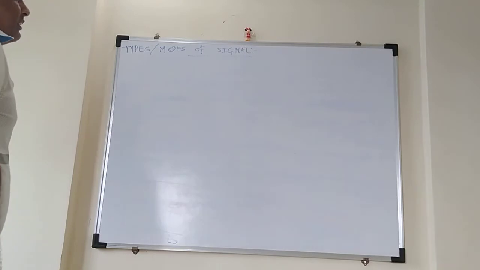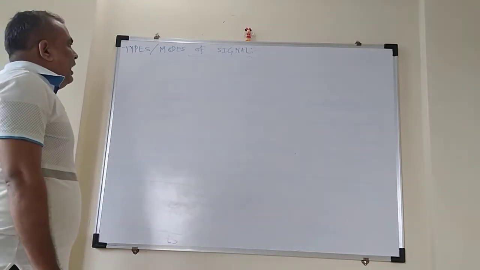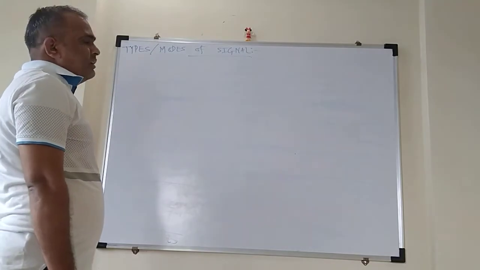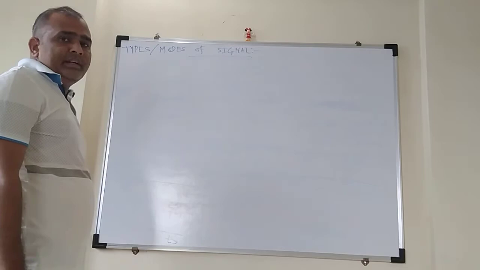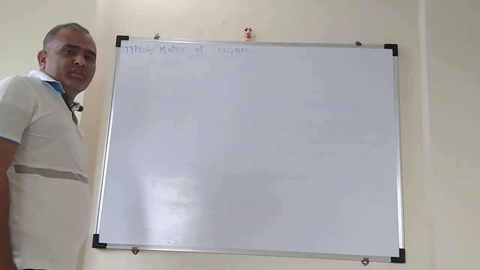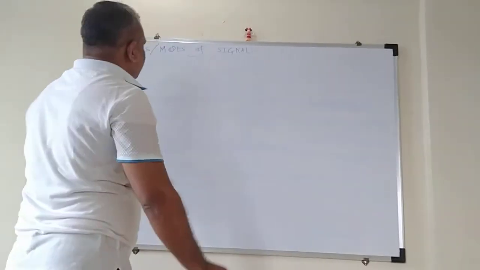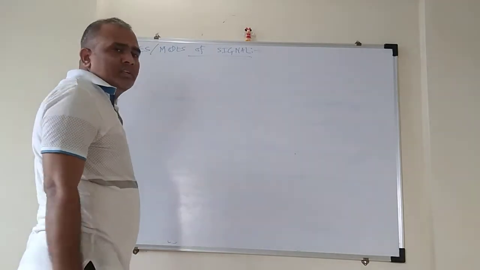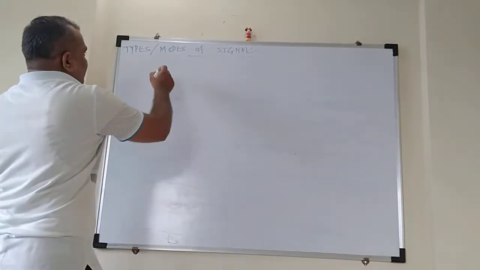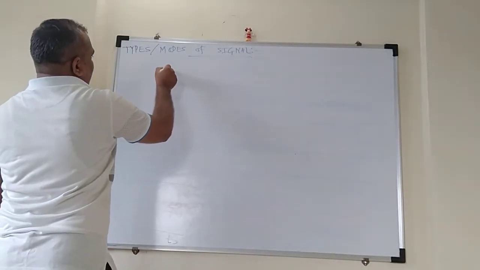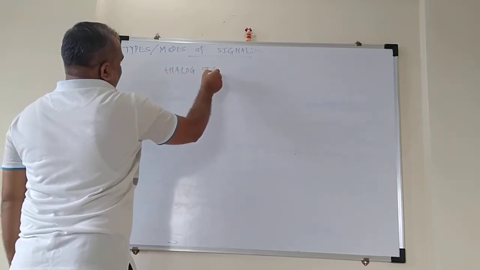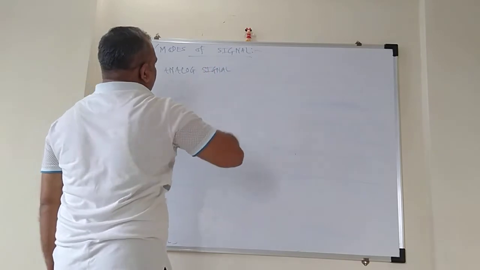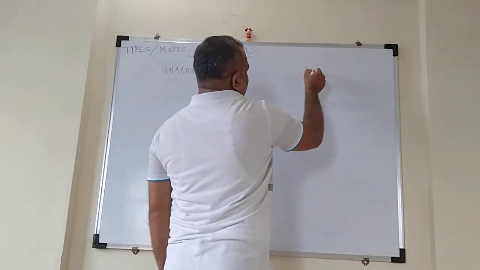As we have defined a signal, signals are of various kinds, and the very basic signals that we have studied are analog signals and digital signals. And you know very well, digital signals exist in terms of 0 and 1. So let me write analog signal, and digital signal.